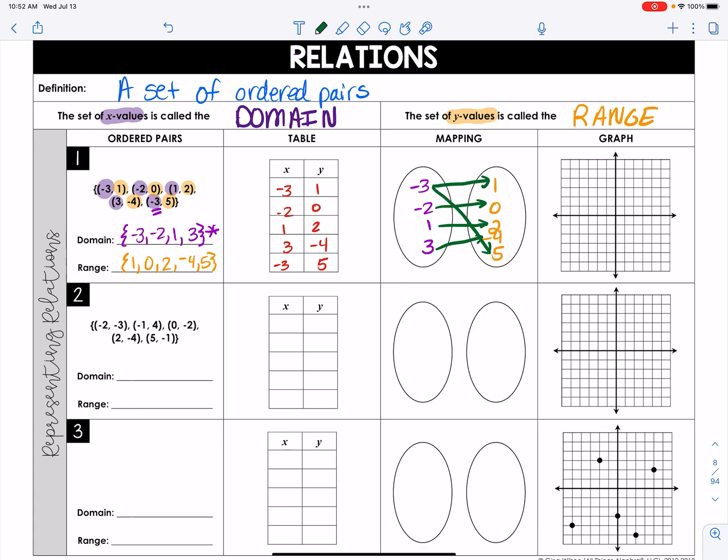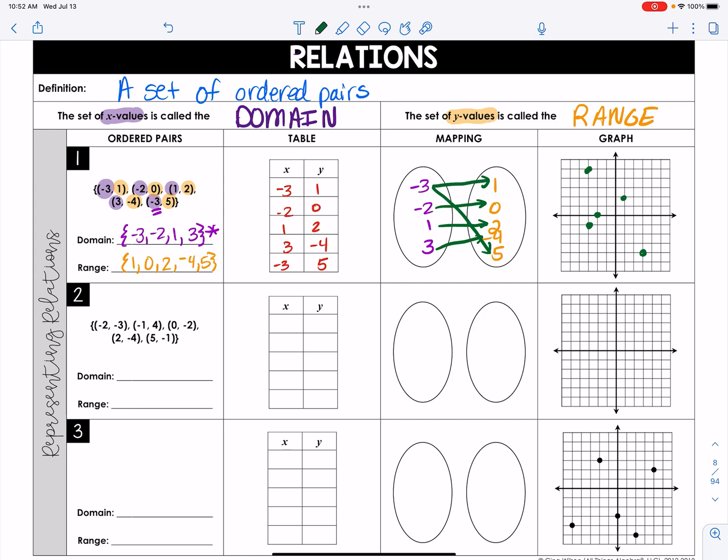And then you graph it. So you have points at -3, 1; -3, 5; 1, 2; -2, 0; and a point at 3, -4. Okay, so there's my graph.